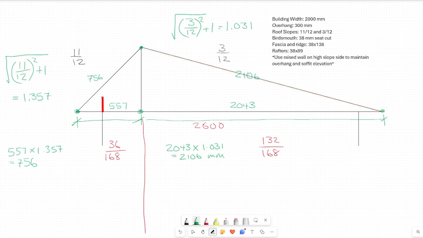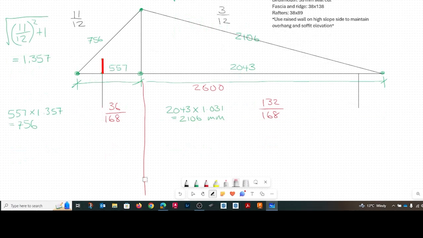What is the height of my raised wall? I'm just going to compare the two overhangs. And my overhangs are 300. So I have 11/12 is equal to x over 300, which gives 275. And on the low slope side, I have 3 over 12 is equal to x over 300, which gives 75.